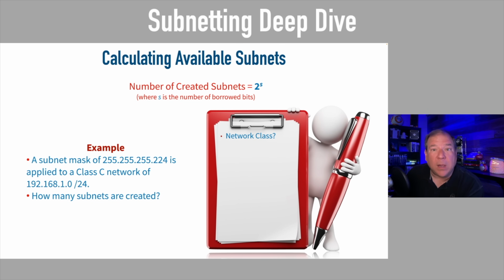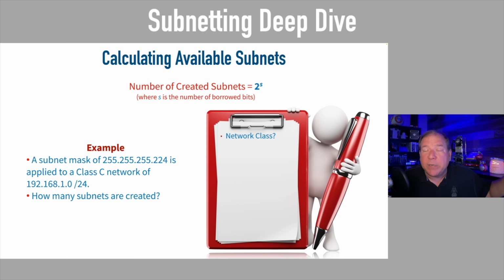Well, we need to know what class of network we're dealing with. Here, I told you that it was a class C network, and I told you what the default subnet mask is. But in the real world, maybe you have a network of 172.16.1.0, and you think, okay, I just applied a /27 subnet mask. How many borrowed bits?